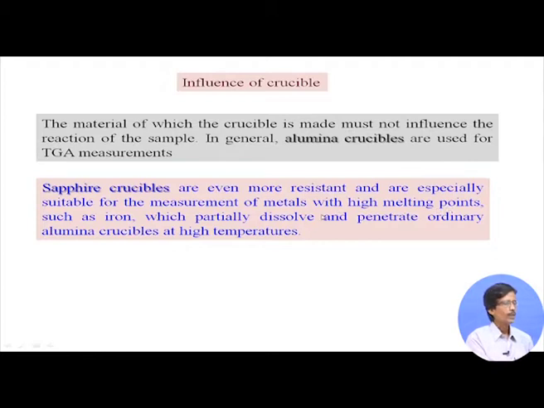So, when we are analyzing something with iron, or going for iron as a component for alloy formation, we should analyze the corresponding graph, that means the TG curve or the DTG curve, taking that iron sample in sapphire crucibles, because iron can partially dissolve or penetrate ordinary alumina crucibles at high temperature.